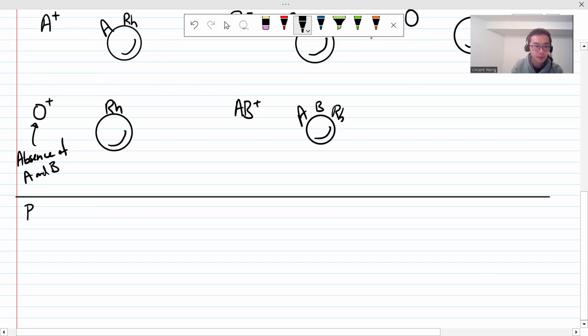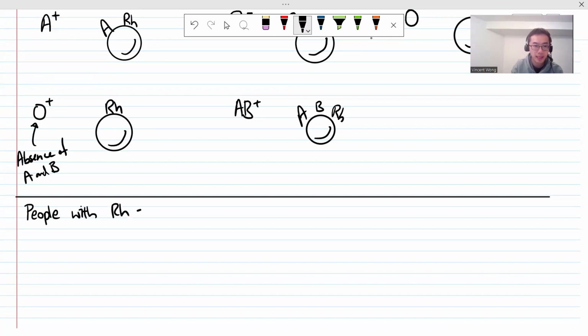People with RH negative blood can donate to RH negative and RH positive people.